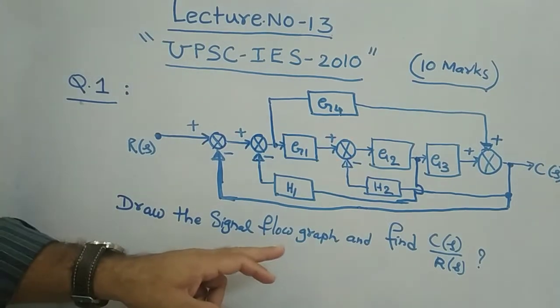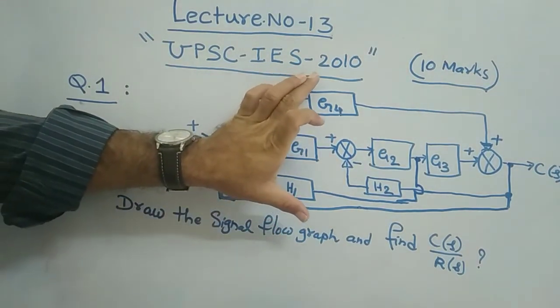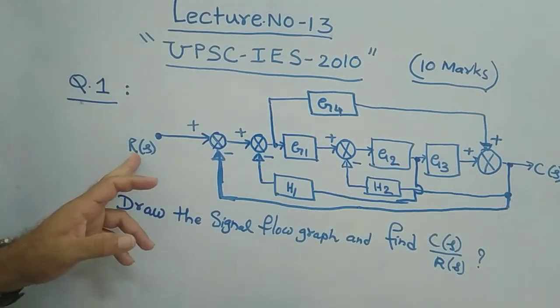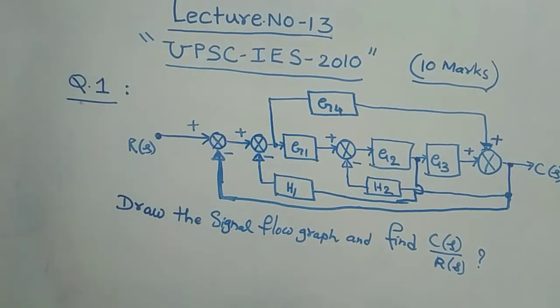Draw the signal flow graph for the given block diagram, and then find out C of S by R of S. Now let us see the solution.